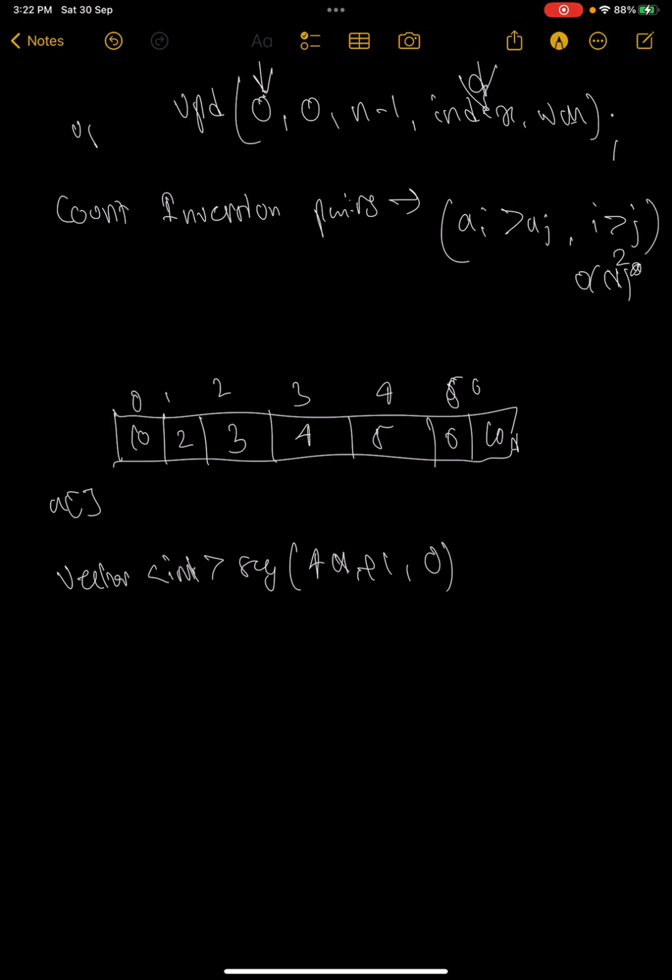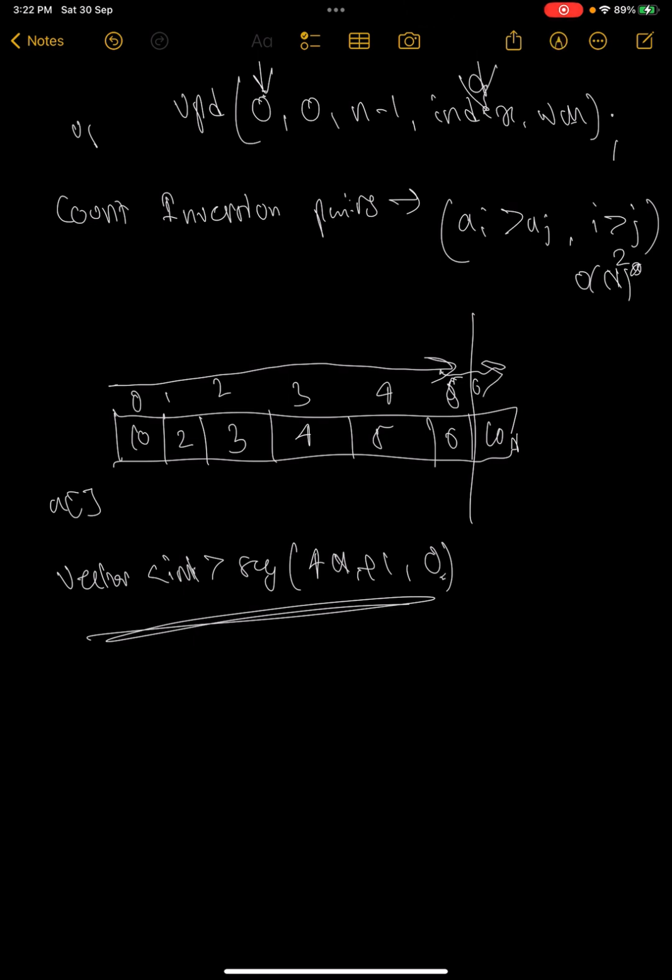Now we will keep inserting all the elements, but this insertion will be a little bit different. This n is not the size of the array, but the maximum element of the array plus 1.